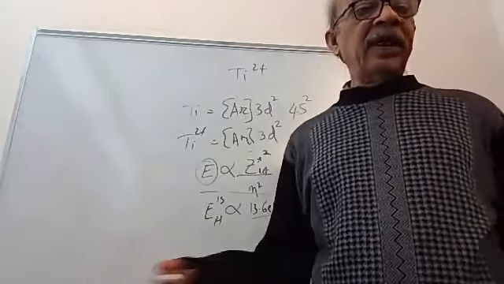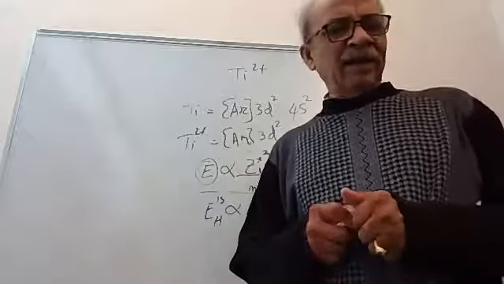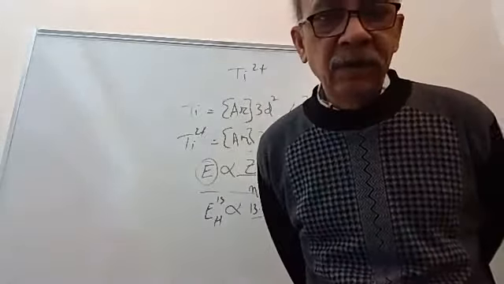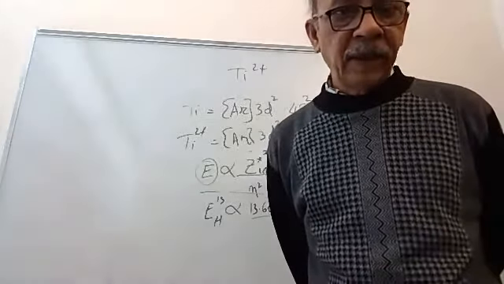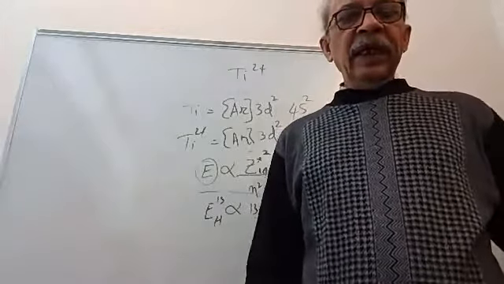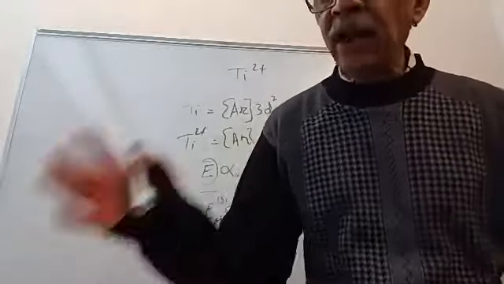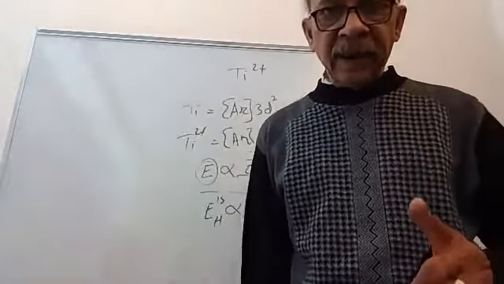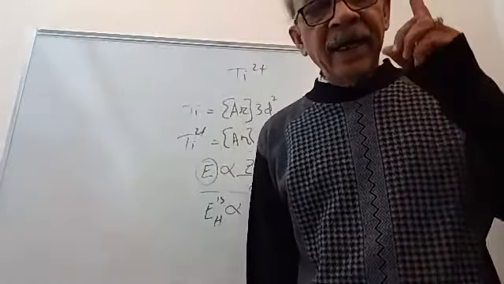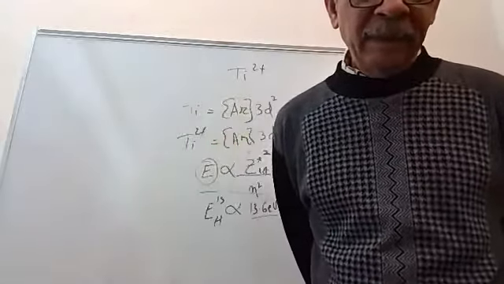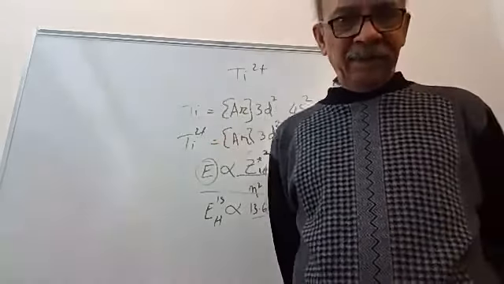If you ask me, are Slater's rules perfect? No, they're not exact, but they are very close to being perfect. So what you have learned now is, given any atom, no matter how many electrons it has, you have a tool that allows you to calculate the energy of every single electron of that atom. Isn't it wonderful?